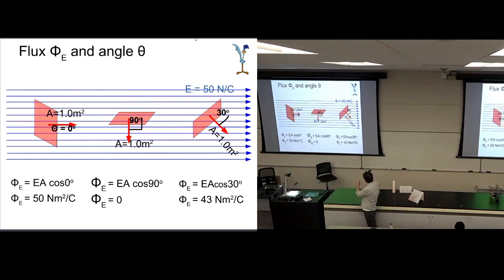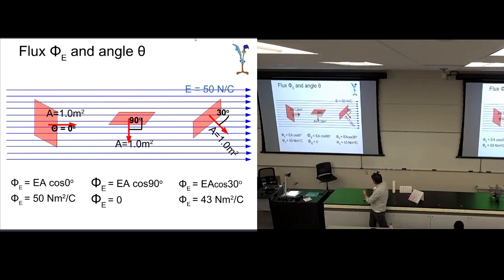Well, 1, 2, 3, 4, 5, 6. So it has a flux through it, but the flux is less than this surface over here. Because we've reorientated that surface that was vertical, now away from vertical, that's changed the flux. So flux depends on the relative orientation of field and surface.